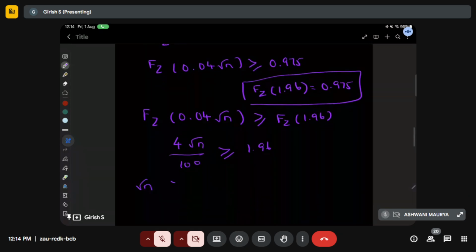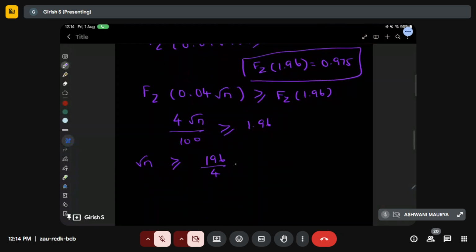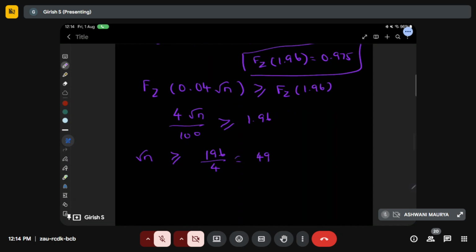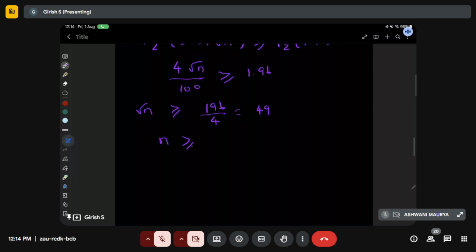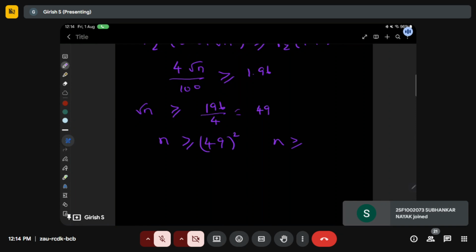This will give you root n greater than or equal to 196 divided by 4, which you can simply write as 49. So n is greater than or equal to 49 squared. What is 49 squared? 2401.